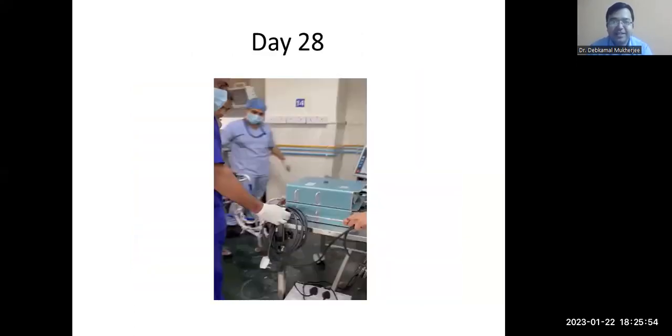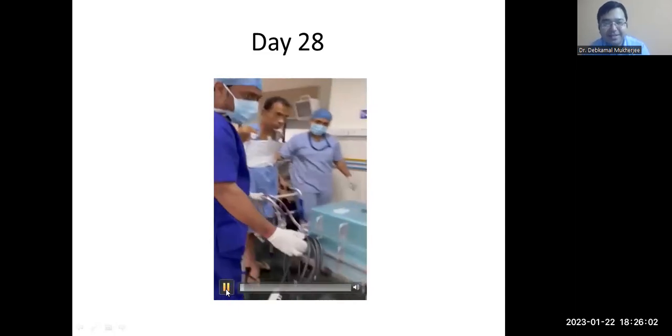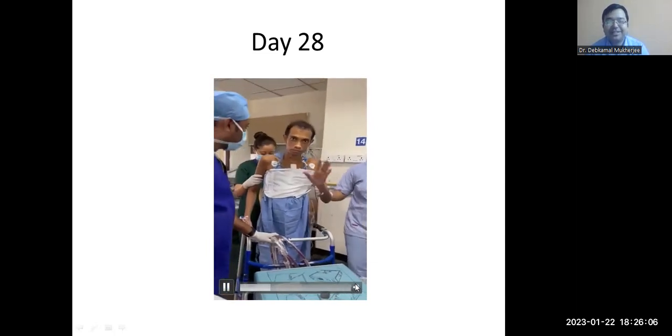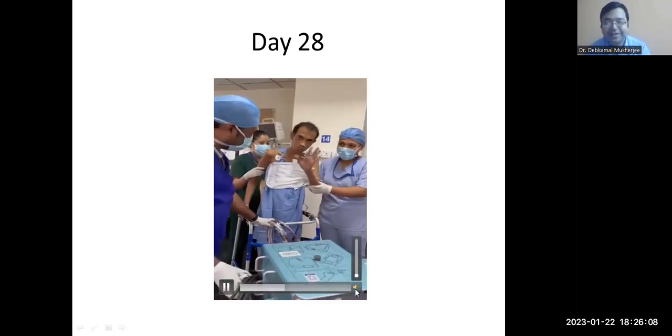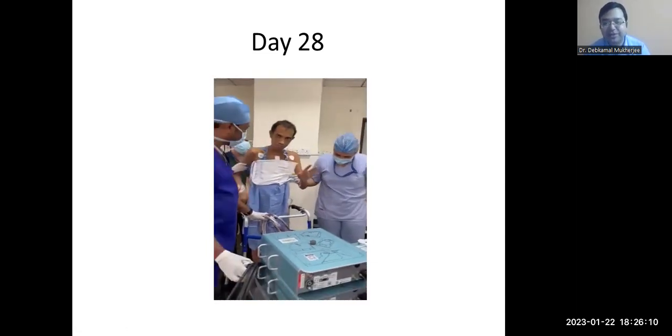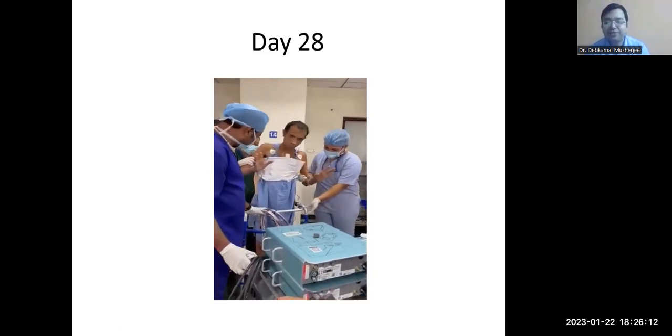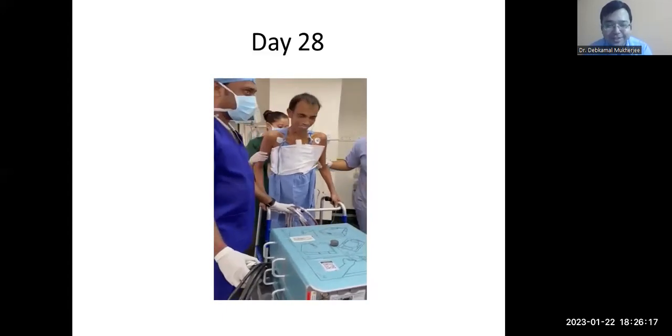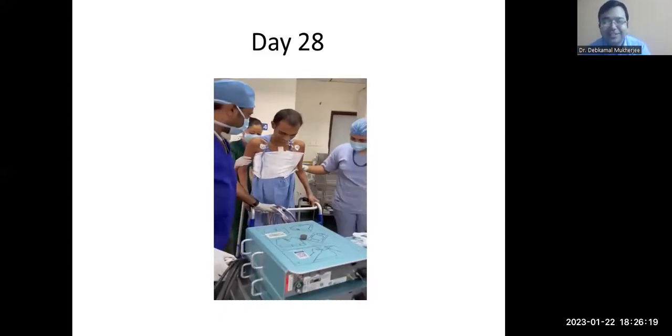And finally, on day 28, we could mobilize this patient along with his Centrimag. This is the video which we could capture. At that point of time, the patient was looking very bright. He was moving around in the wards of the ICU along with this mechanical support device in situ.